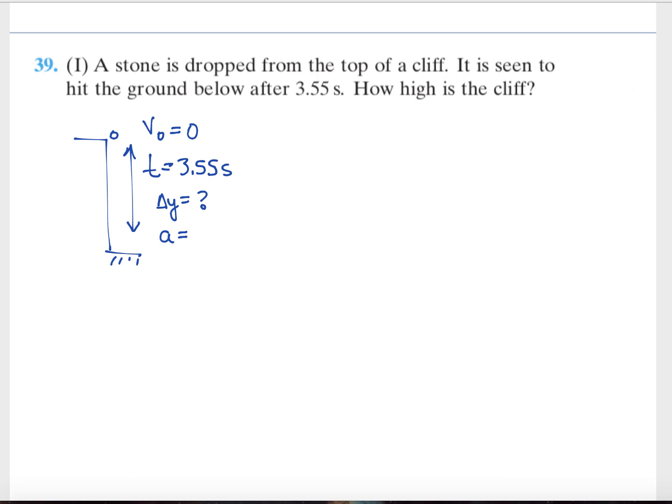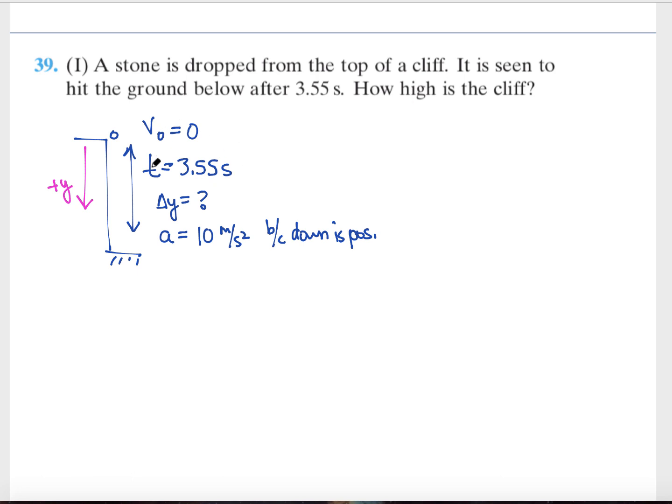So for sake of argument, let's say that the down direction is positive this time. That means my acceleration, which is down, is a positive 10 or 9.8 meters per second squared, because down is positive this time.